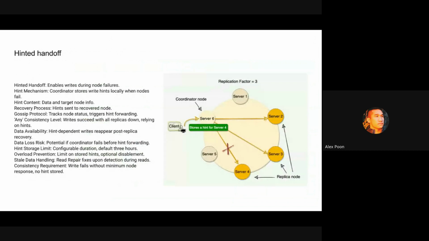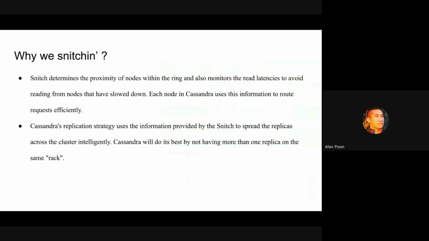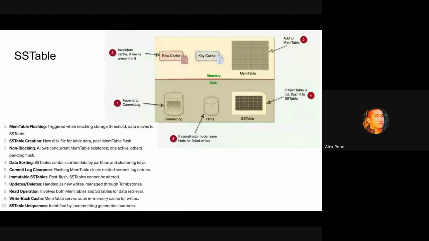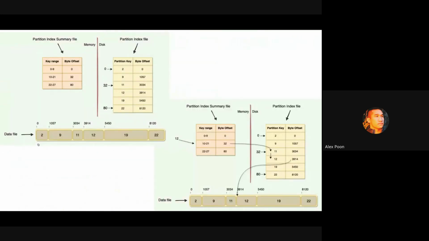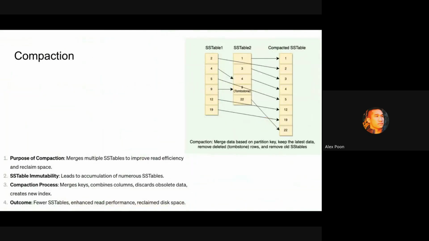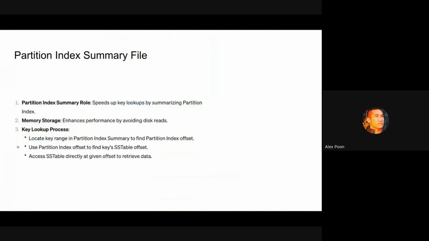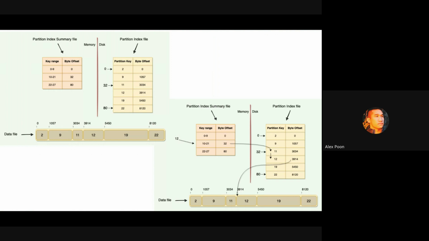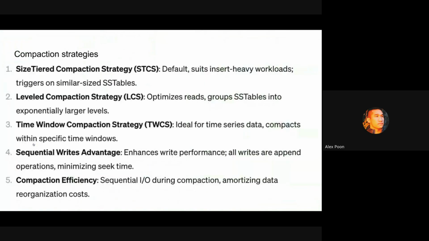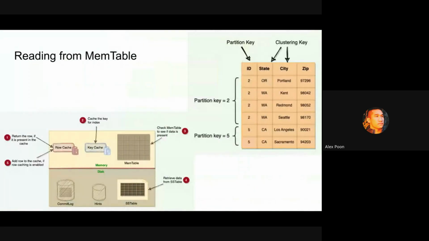There's a really good diagram. So we have the partition index summary. Remember, we have the partition index summary file, and then we have the partition index file. Where did I put the partition index file?